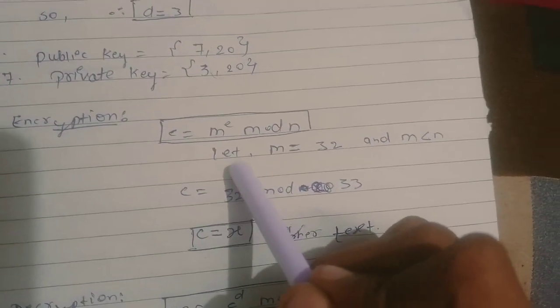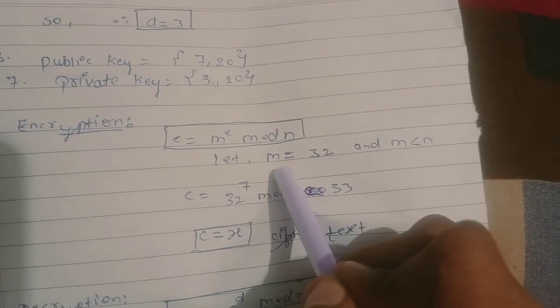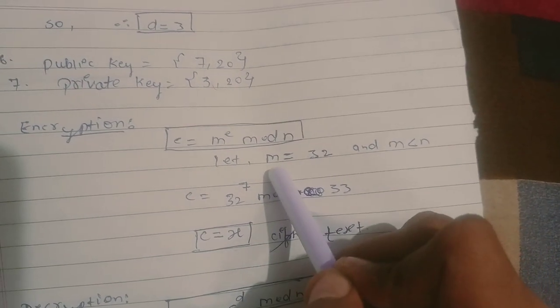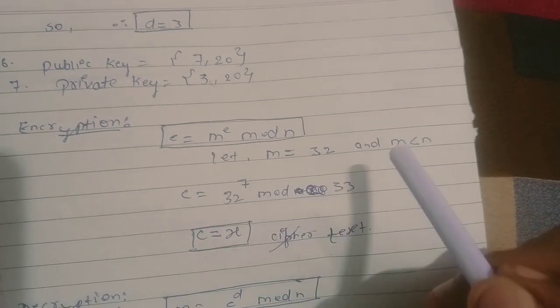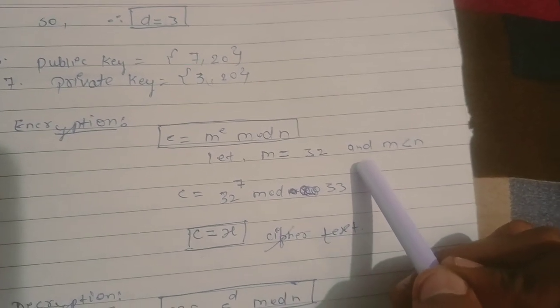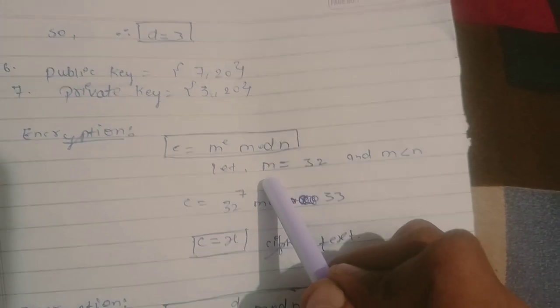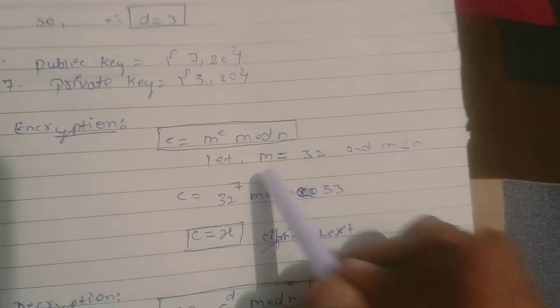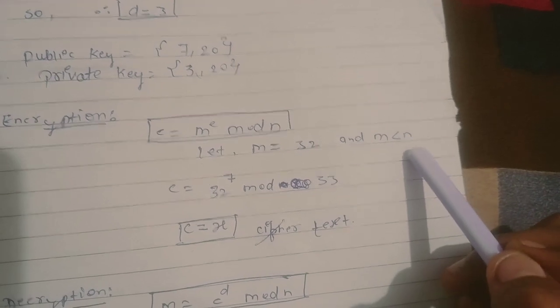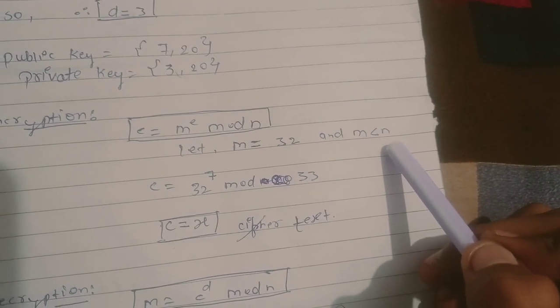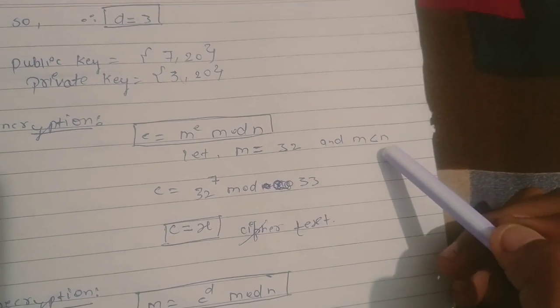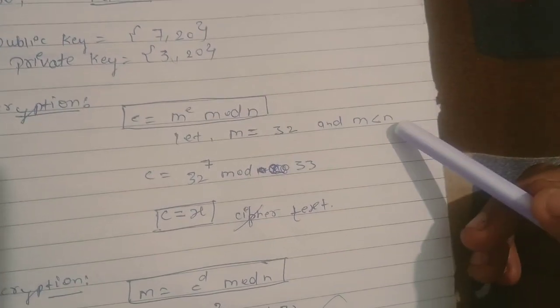We have to let a plain text m, so I let it be 32, and a condition should be followed when taking the value of m: m should be less than n, and n was also calculated in the previous steps.